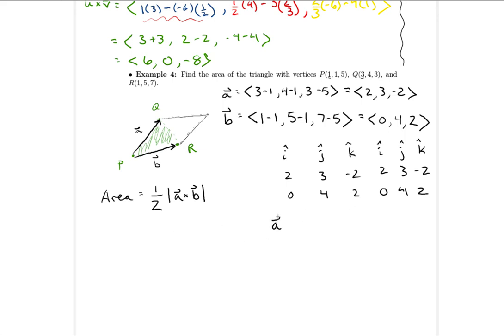And so to compute A cross B, all right, spaghetti method, connect up the i's. So that tells me it's 3 times 2 minus 4 times negative 2. Connect up the j's, negative 2 times 0 minus 2 times 2. And then connect up the k's, 2 times 4 minus 0 times 3.